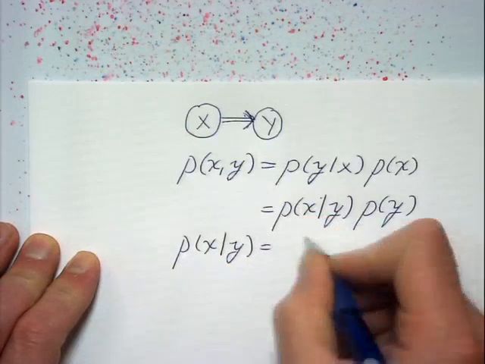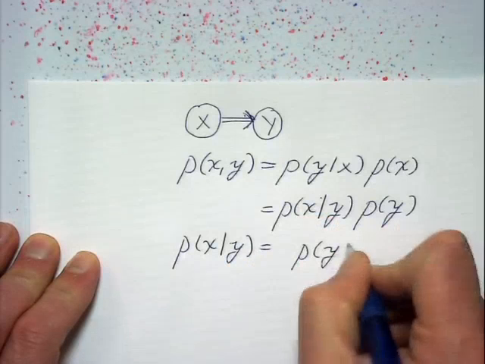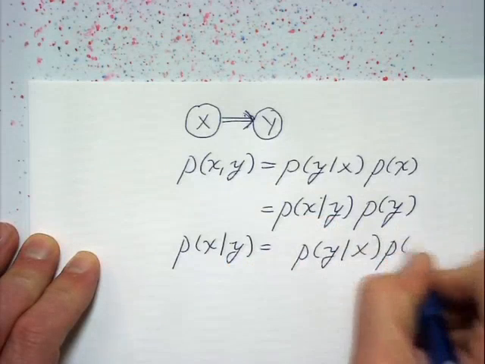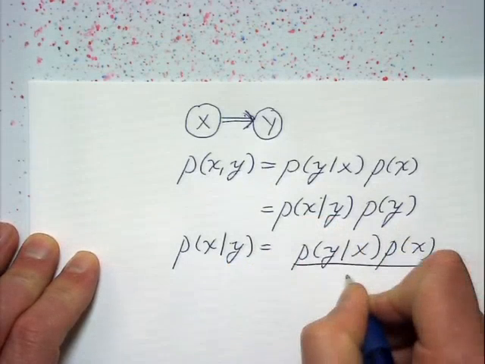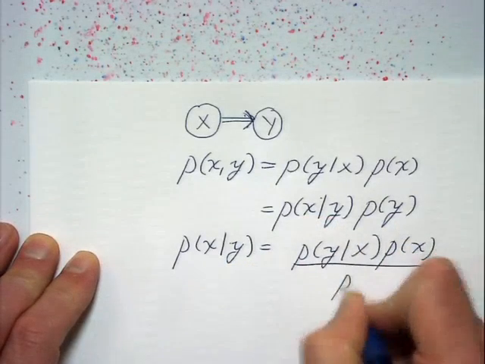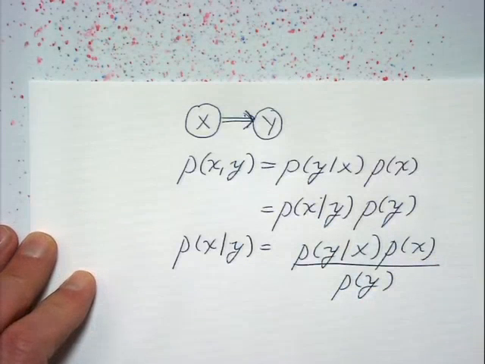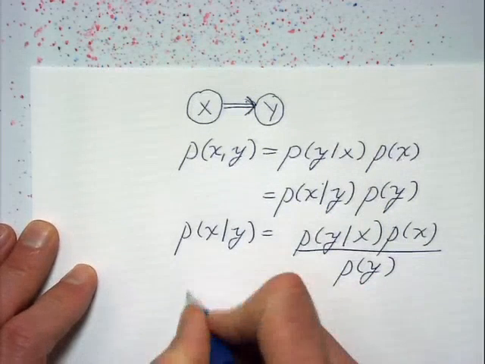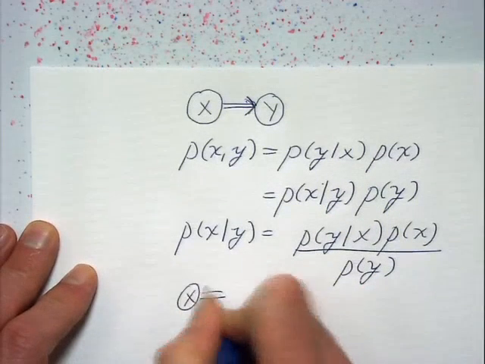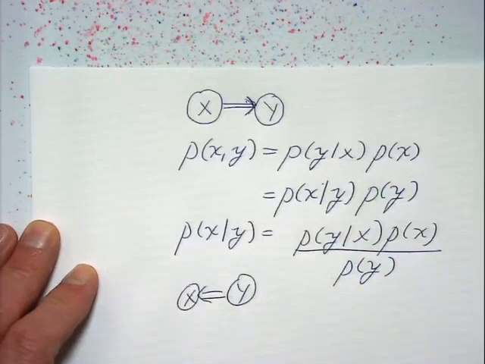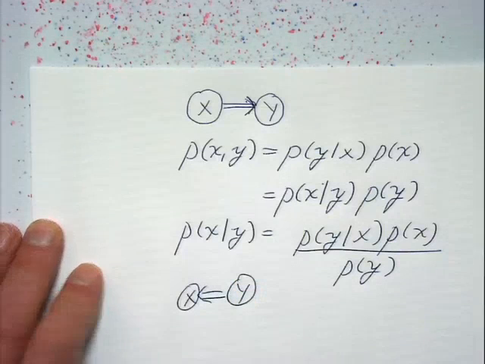You just say, well, okay, that's P of y given x times P of x over P of y. So you can reverse that relationship, and you can just make x dependent upon y. It's a little disturbing, but true.